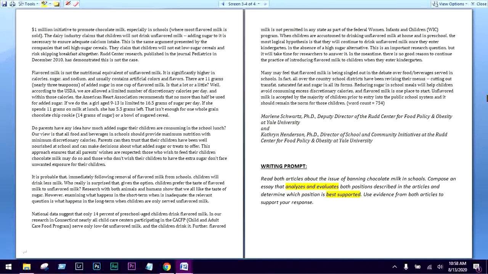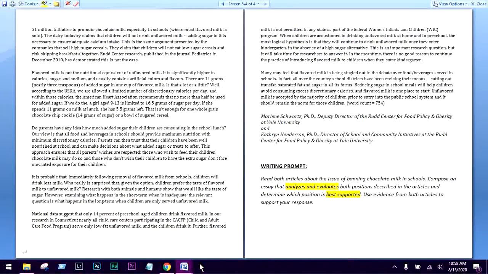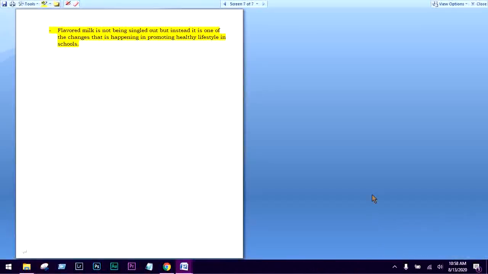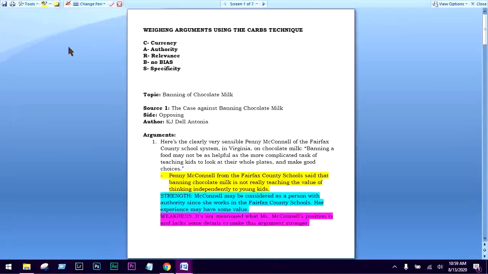That's it. Okay, now let's go with the technique on how you will handle this extended response. I have this technique which I call CARBS. Let's start on this part.